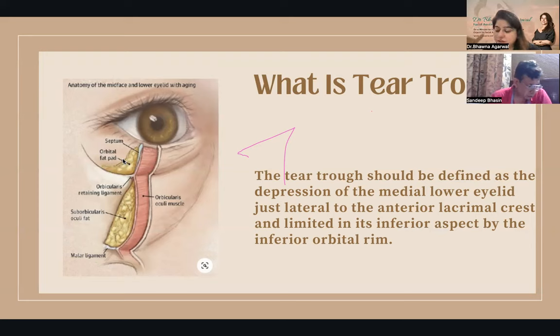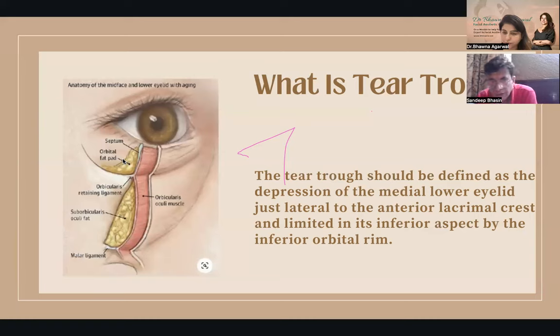The secondary tear trough is the age-related disruption between the several fat pads and the ligament. The boundaries between the compartments and ligaments become visible, and these are the shadows that we are dealing with. So we are not treating the primary tear trough shadow. We are always treating the secondary tear trough shadow, which is a result of the aging process.